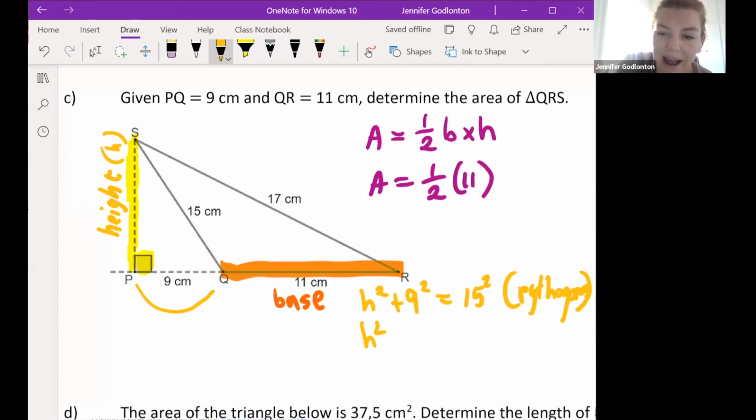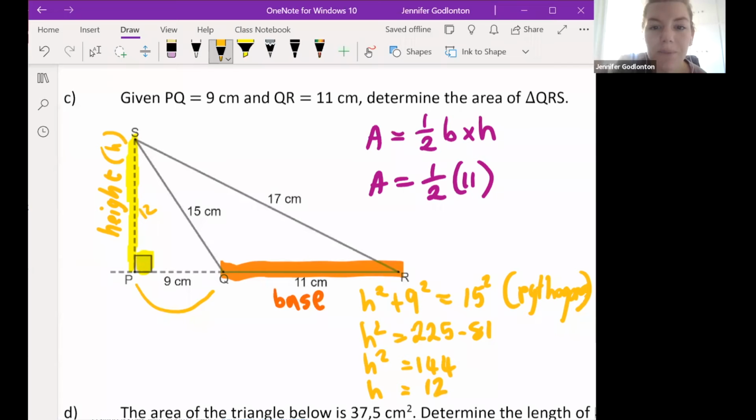So my height squared is going to be 15 squared, which gives us 225 minus 81, which gives us 144, which means our H is 12.